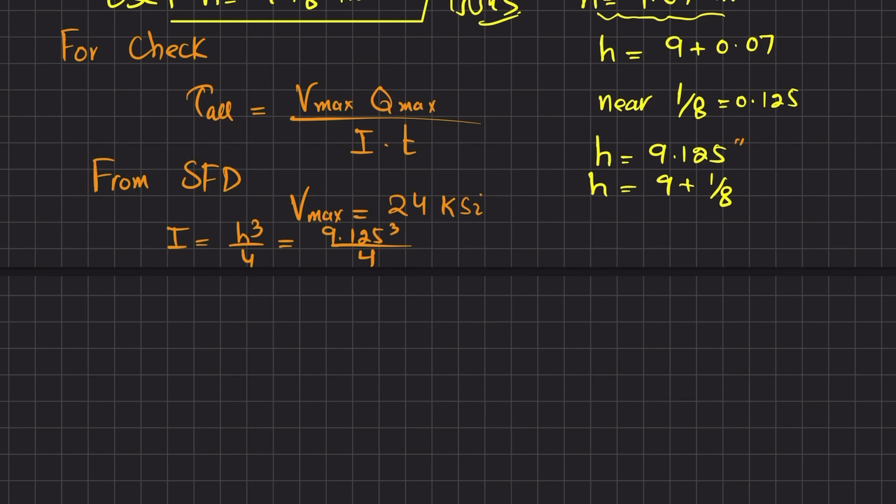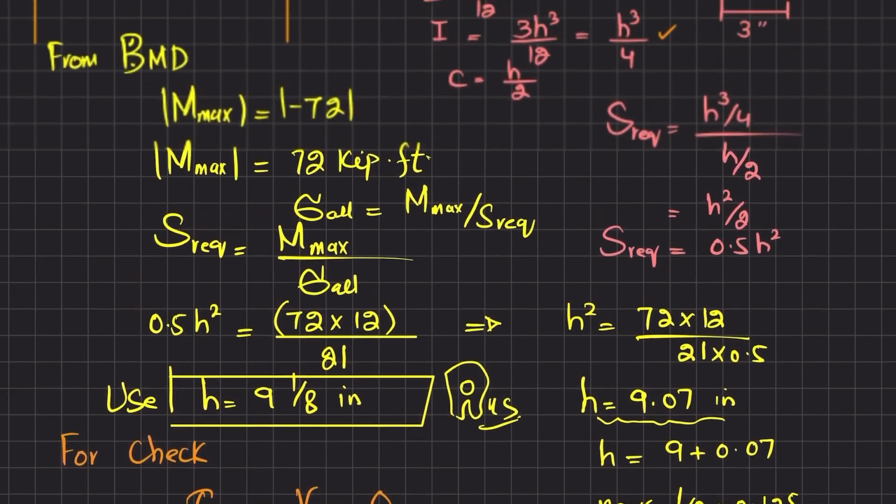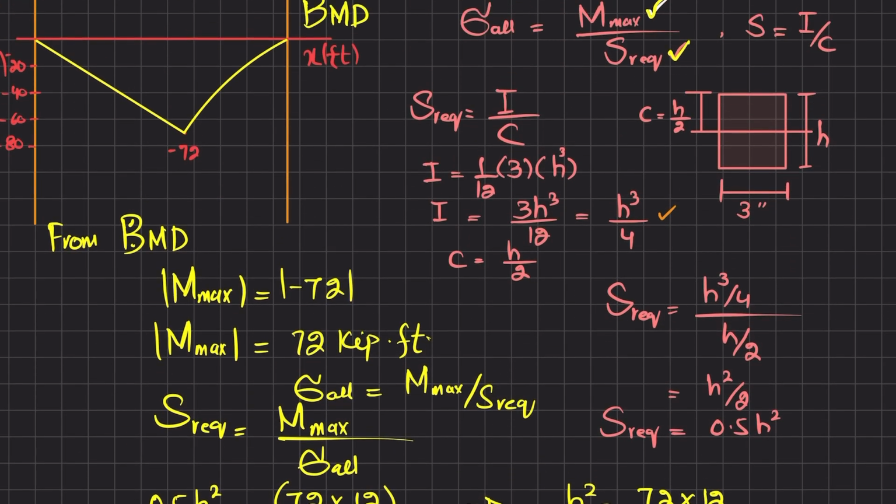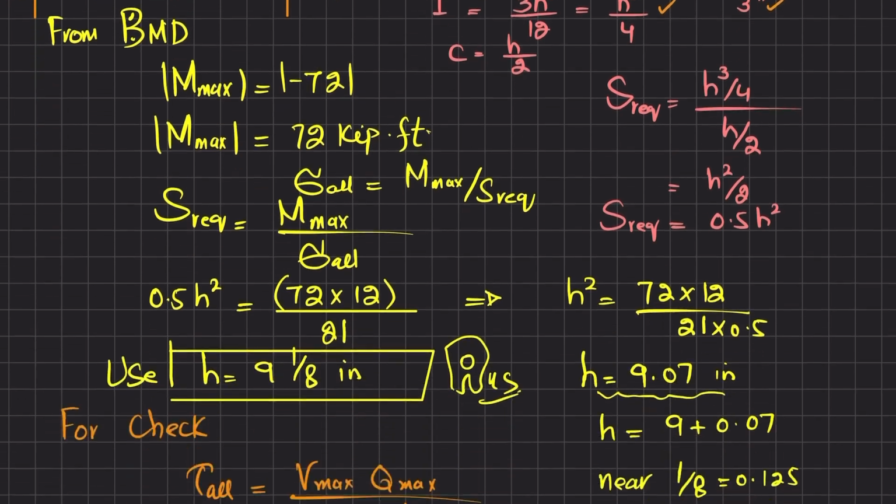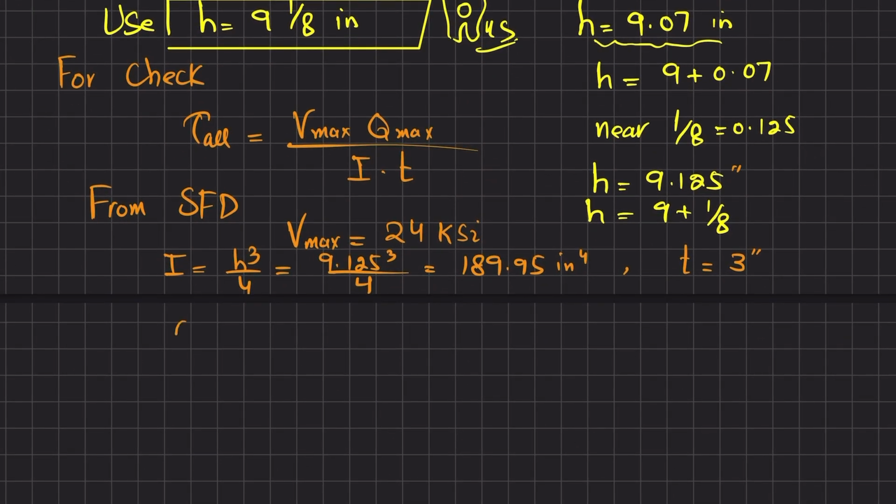And that will give you 189.95 inch power 4. Thickness is given as 3 inch. You can see here this thickness of this beam is 3 inch. So only thing we have to find is Q max.